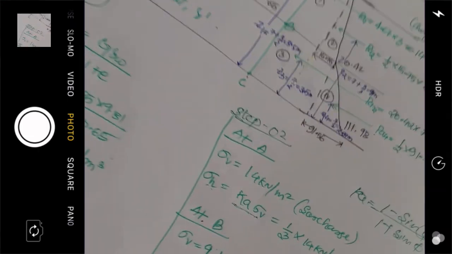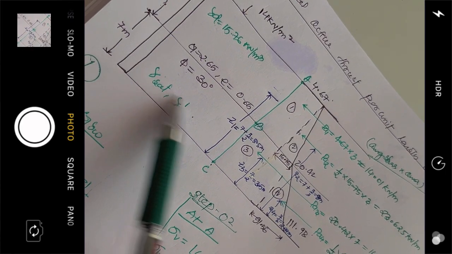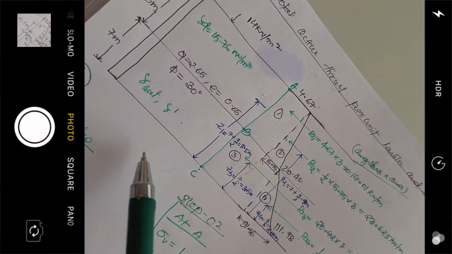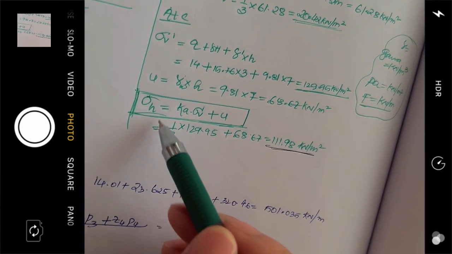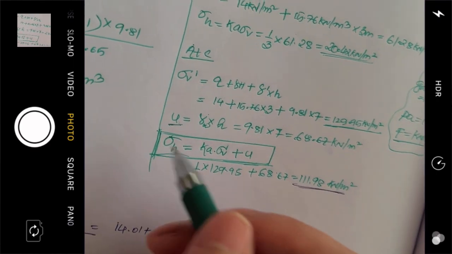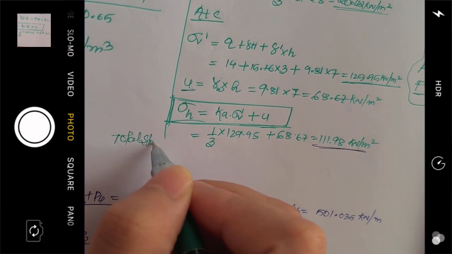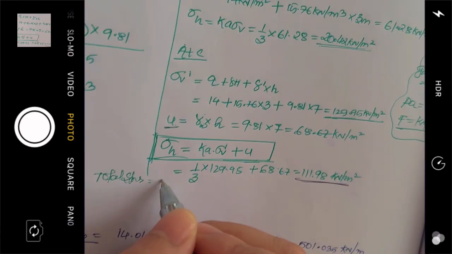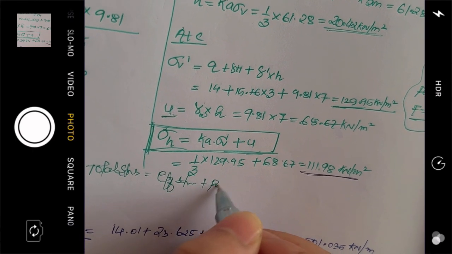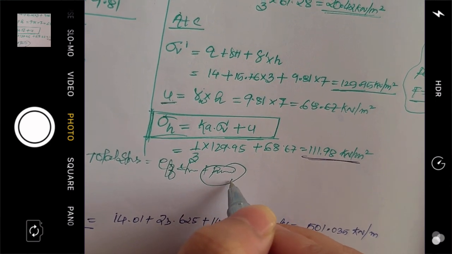And we can see that here it is submerged, so we'll also find out the pore water pressure. Total stress equals effective stress plus pore water pressure, so we need to find out the pore water pressure here.